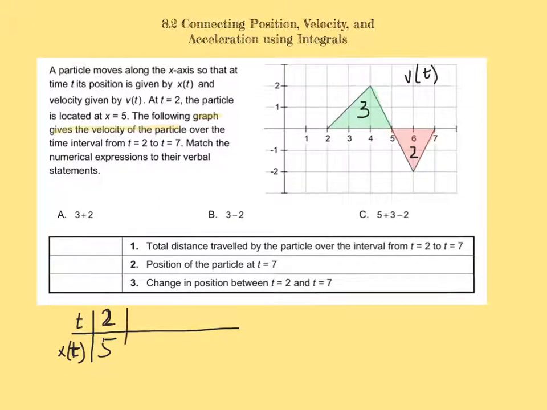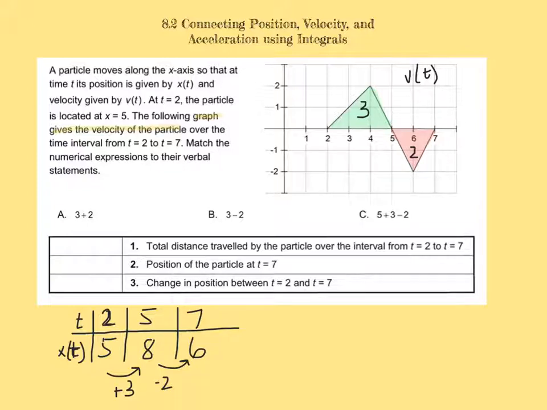So at time 5, the particle was 3 more units to the right. So it's actually at 8. Then the particle stopped for just a moment at time 5 and then started going the other direction to the left, and it traveled 2 units backwards. So where's its position now? It's back to 6.